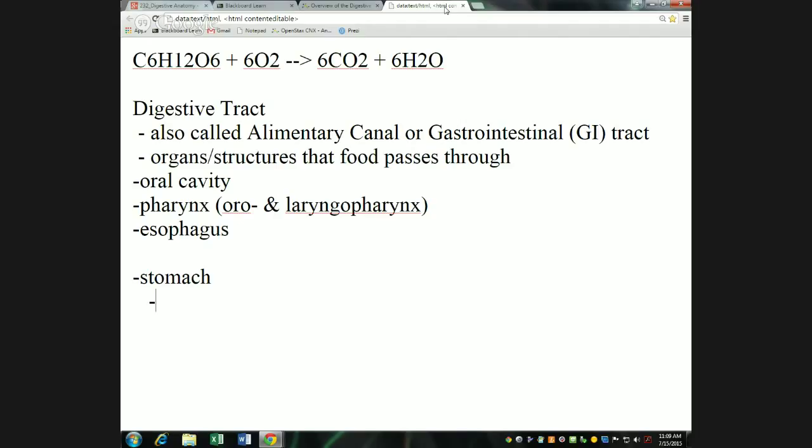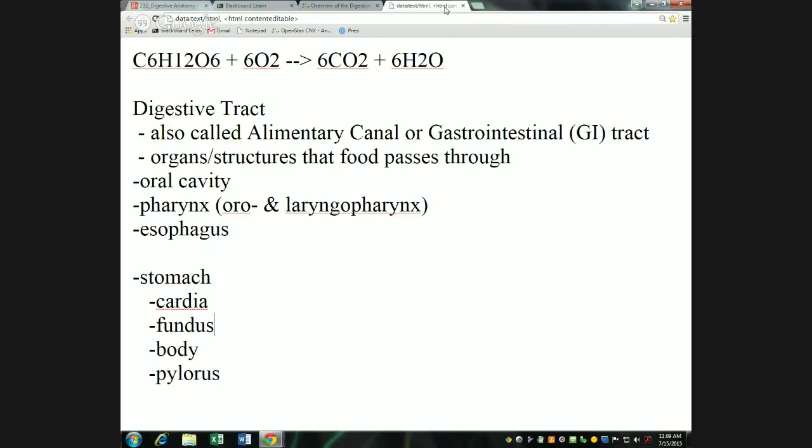Where the esophagus connects to it, it's called the cardia. Then there's the body of the stomach and the pylorus. Sorry, next to the cardia is also a region called the fundus.